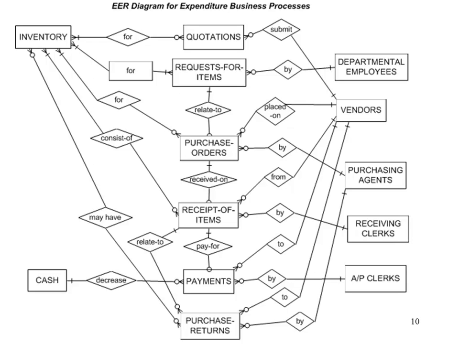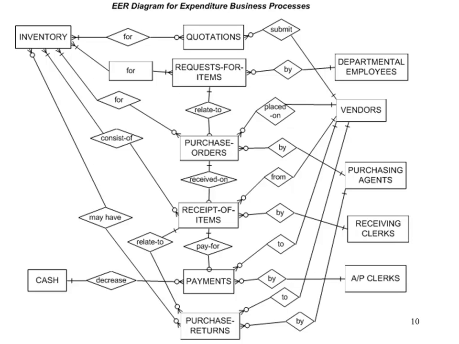The same is true for payments, right? So that we have direct link between payments and vendors. Then we have indirect one. For each payment, there is exactly one receipt of item. For each receipt of item, there is exactly one purchase order. For each purchase order, there is exactly one vendor.